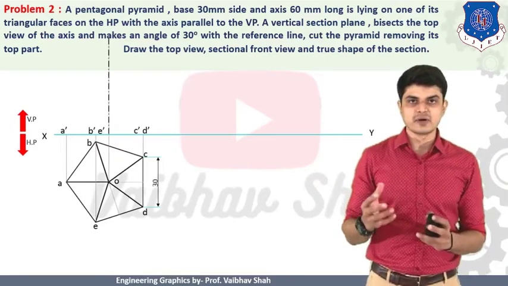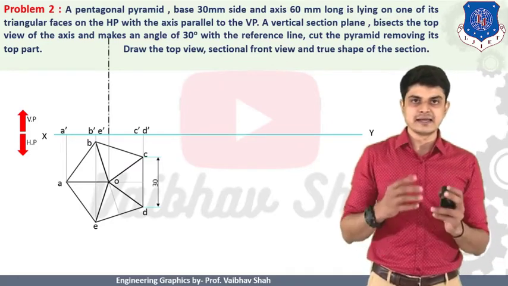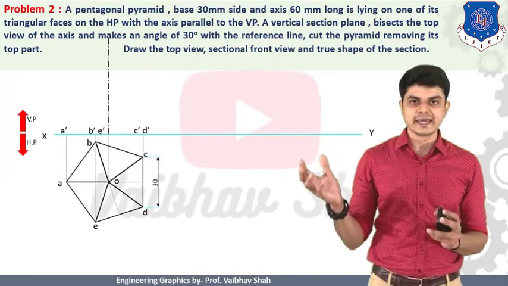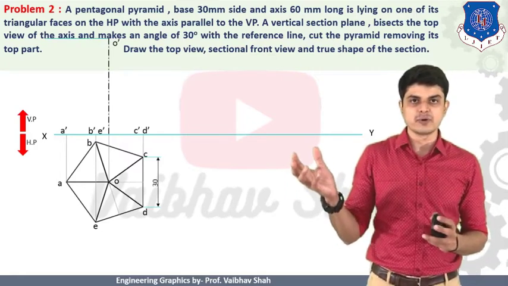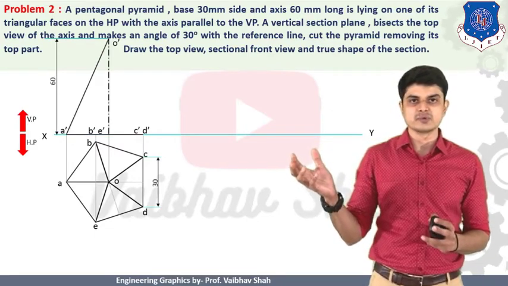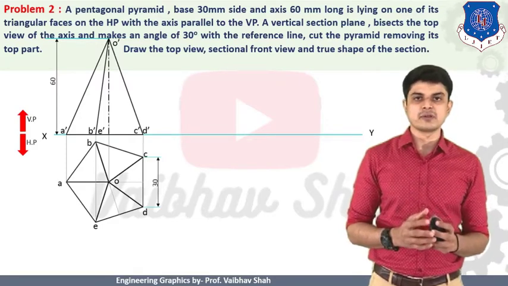After having this vertical line, you should define it as the center line or axis line. After getting the top point as O dash, you should connect each and every point of the base to that O dash point like this. So this is nothing but the front view of your pentagonal pyramid.